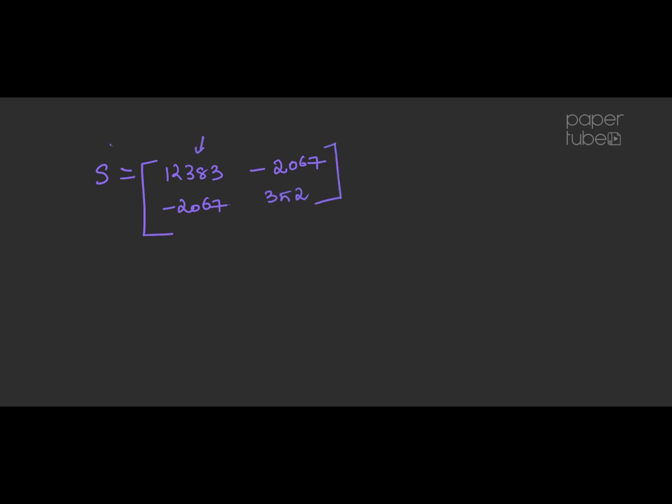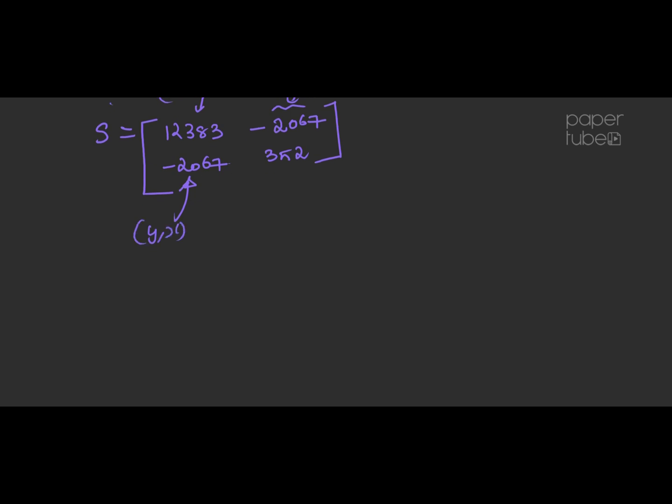So that's the covariance of x comma x. This element is the covariance of x comma y. Just follow the pen on the screen, and then this element is the covariance of y comma x, and the last element, fourth element, is the covariance of y comma y. So that makes our covariance matrix.